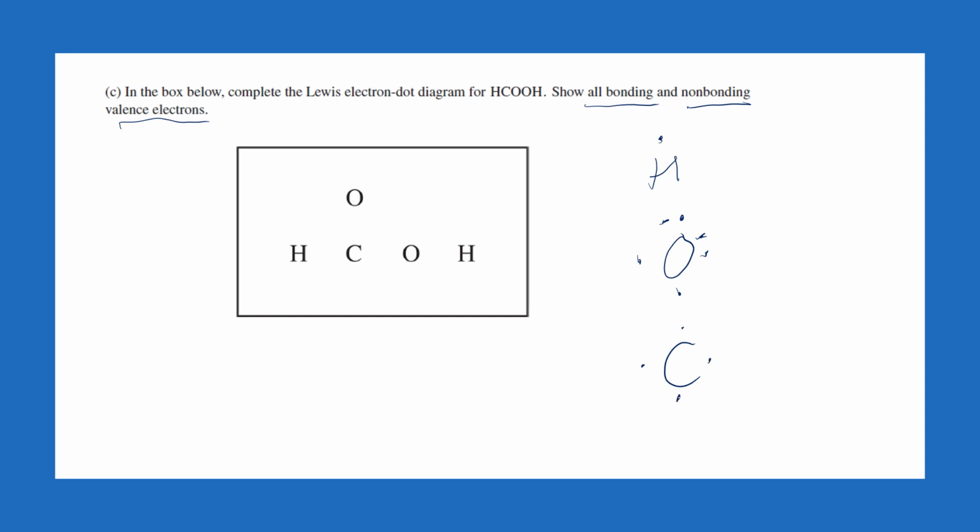So hydrogens tend to form just 1 bond because it only has that 1 electron. Carbons tend to form 4 bonds, oxygens tend to form 2 bonds, and the other ones are lone pairs. So you already know that there's going to be 2 lone pairs on each of those oxygen atoms, because you will always have that on an oxygen atom.